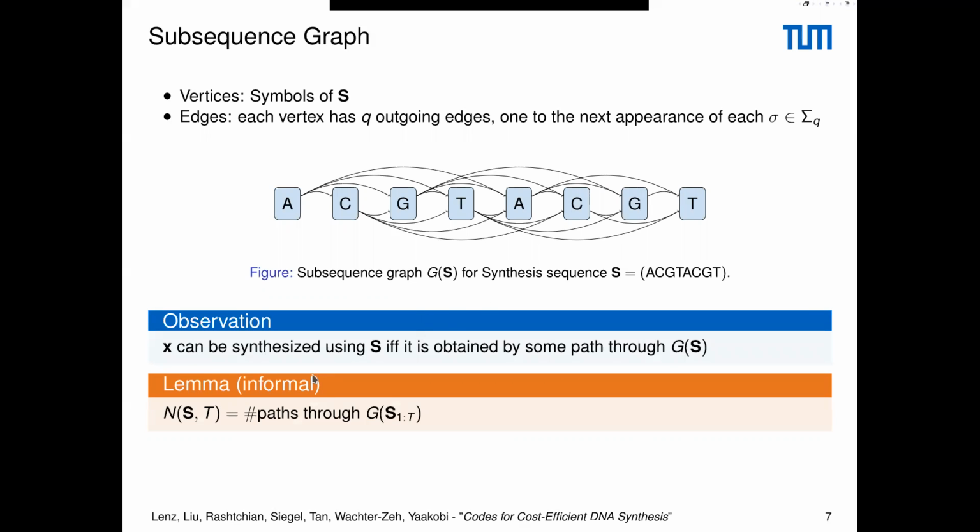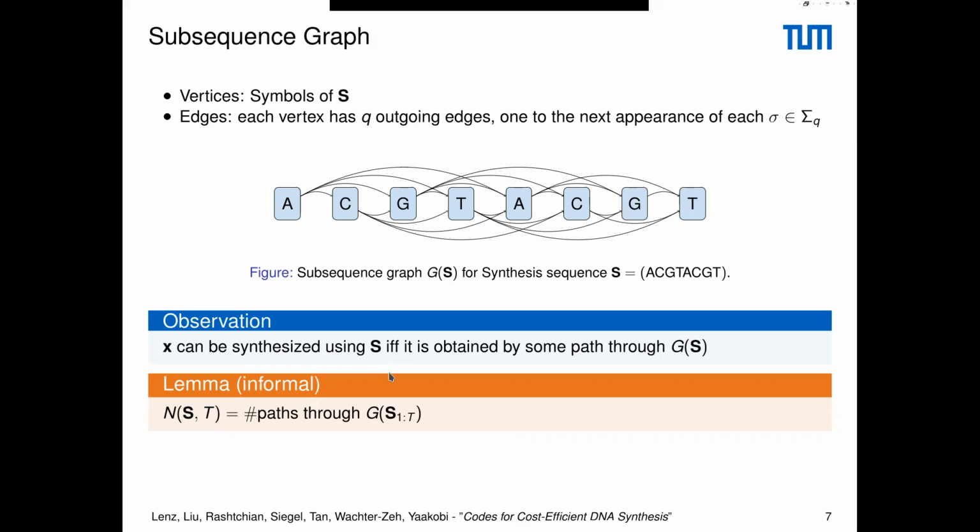This brings us to the following lemma: the largest size of our synthesis code is just equal to the number of paths through G of S, 1 to T. So we take the graph of the synthesis sequence of the prefix of length T of the synthesis sequence.